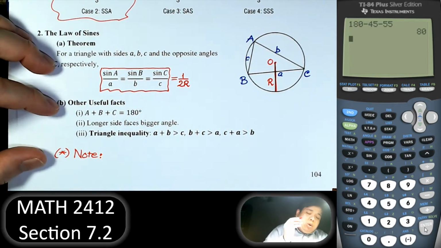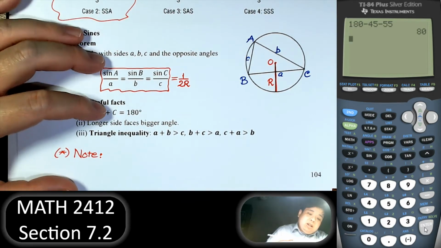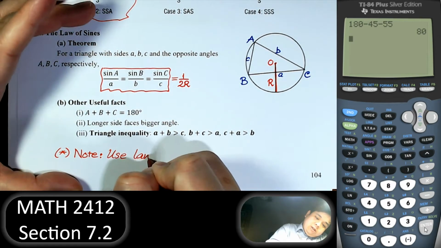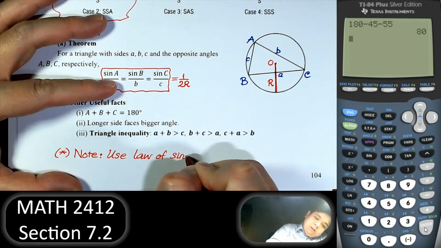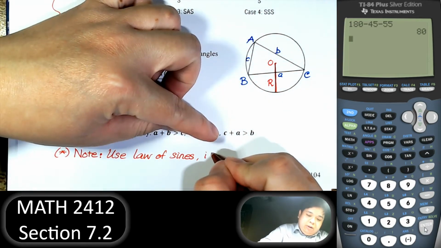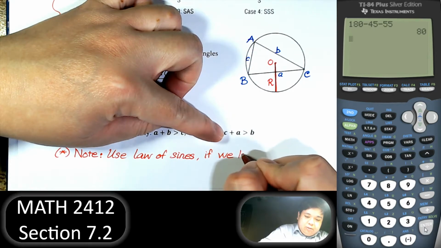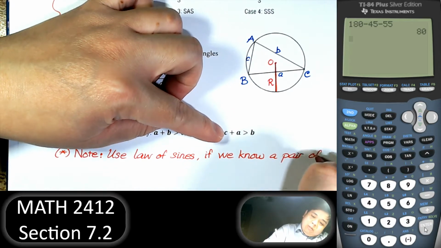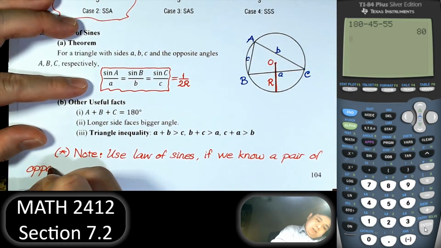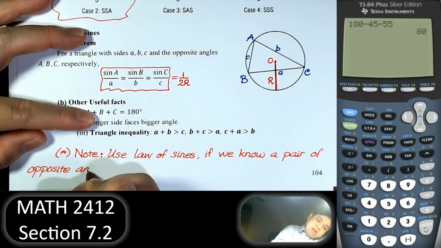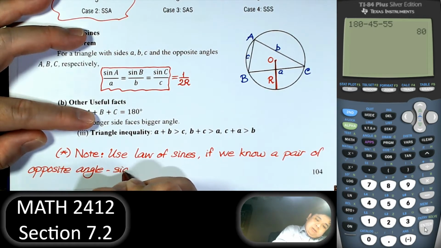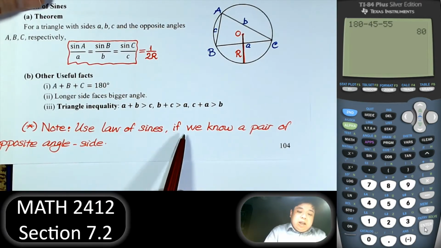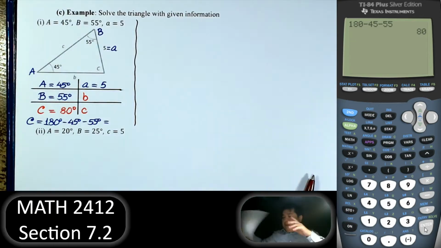So use the law of sines if we know a pair of opposite angle and side.